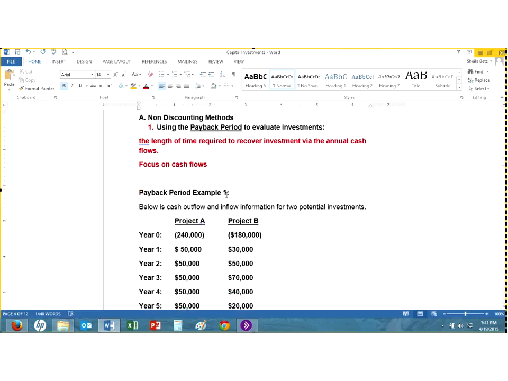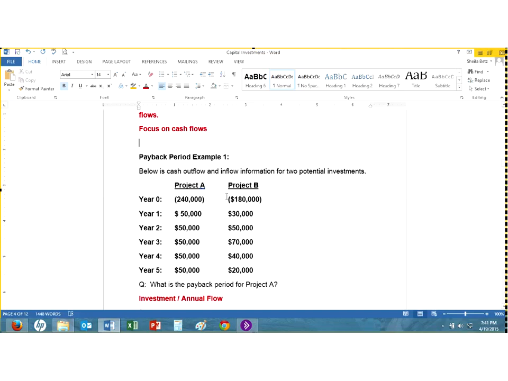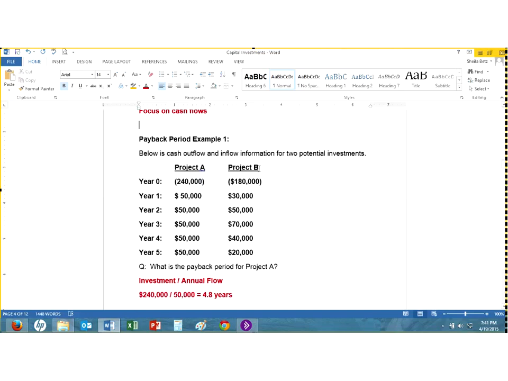So let's just take a look at one of these problems. Say below is cash outflow and inflow information for two potential investments. So we have Project A and Project B here. Project A has parentheses signs. This means up front, year zero, so basically when we take on the investment, we're going to be spending $240,000. So parentheses is always going to indicate cash outflow.